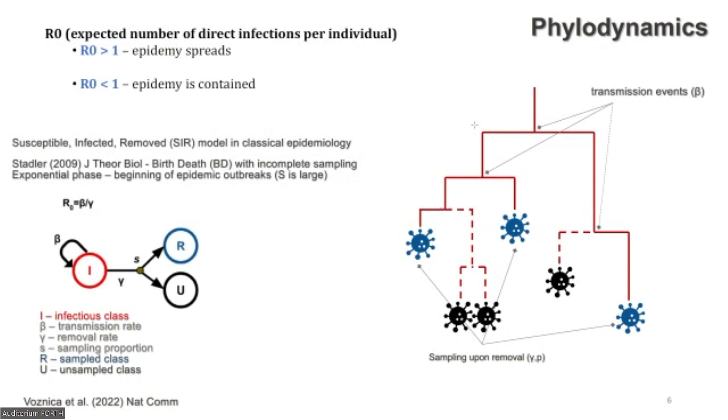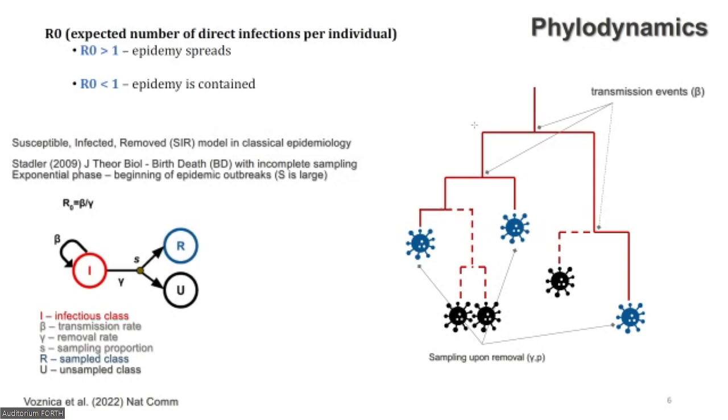This model contains three different classes. The red one is the infectious class that can infect new people. The R class is the sampled class that are removed upon sampling. And there's also one unsampled class.